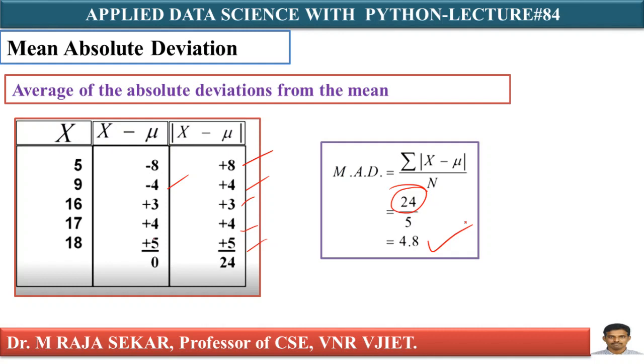Why are we squaring? There are two reasons. The first reason is to remove the negative sign, and the second reason is to give a higher penalty for higher deviation values. This gives the motivation to build what is variance and what is standard deviation.